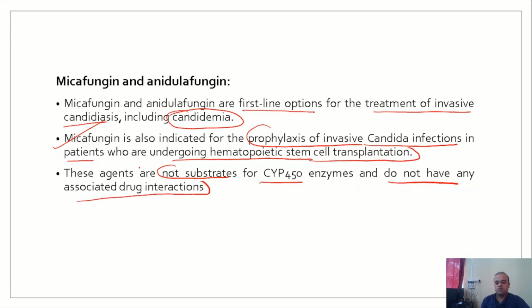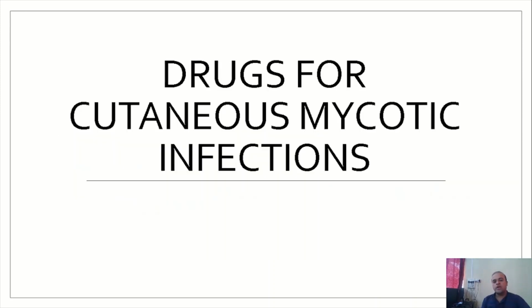So the next category of drugs that we are going to see is drugs for the cutaneous mycotic infections. First we have seen subcutaneous and systemic mycotic infections, and now we are talking about drugs which are used in treatment of cutaneous mycotic infection.